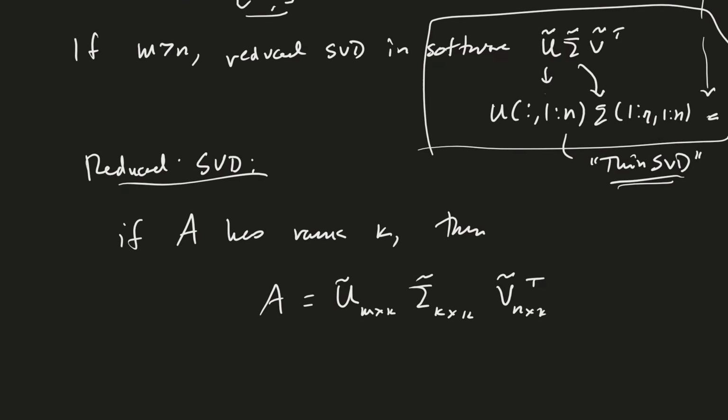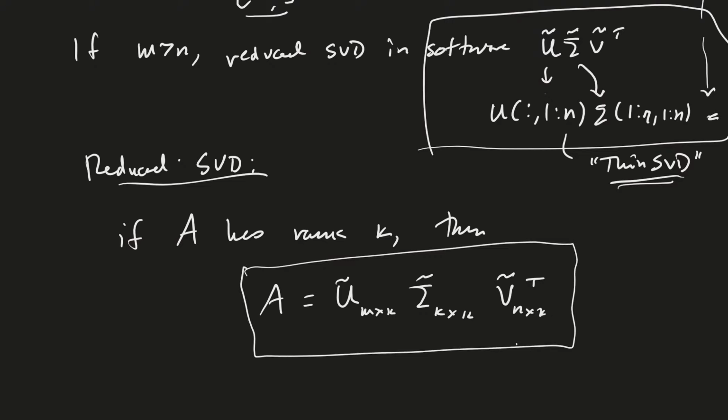That's why I've gone to other language for this. I call this the reduced SVD, although the software companies have decided that that's reduced SVD too. So be sure you know which one you're talking about. It's either k dimensional, which is the rank, or n dimensional, which is the lesser of m and n. Well, m is greater than n, so in this case. Good. Okay, that's just a side note, because you don't typically want to compute the full SVD.